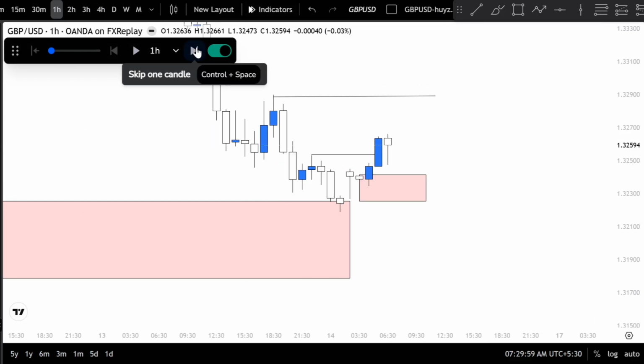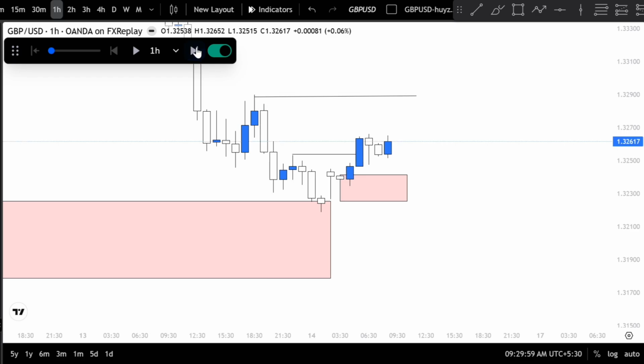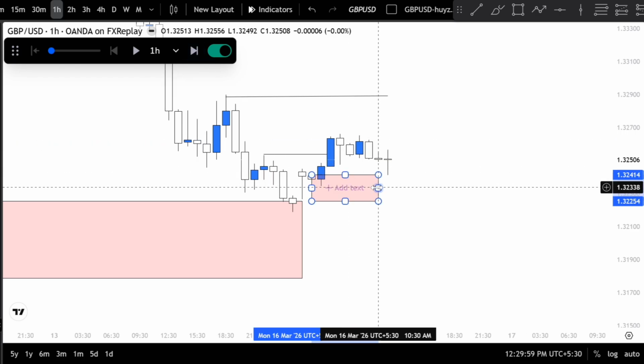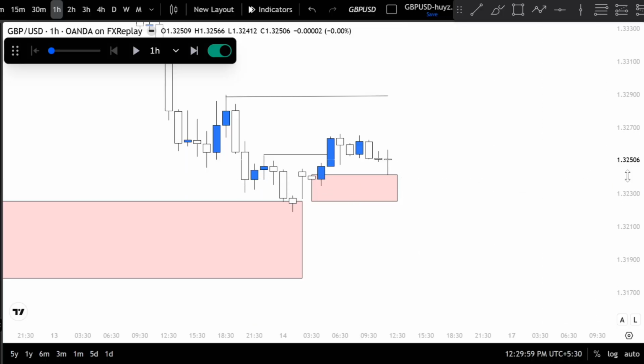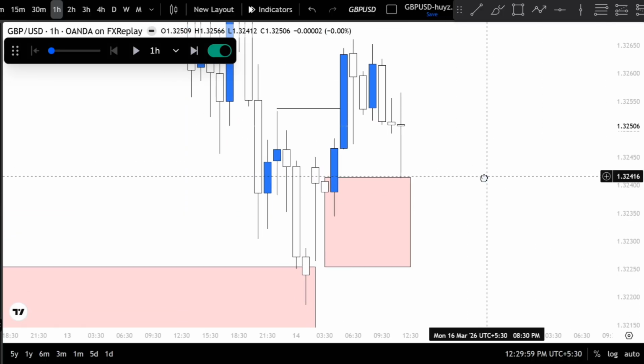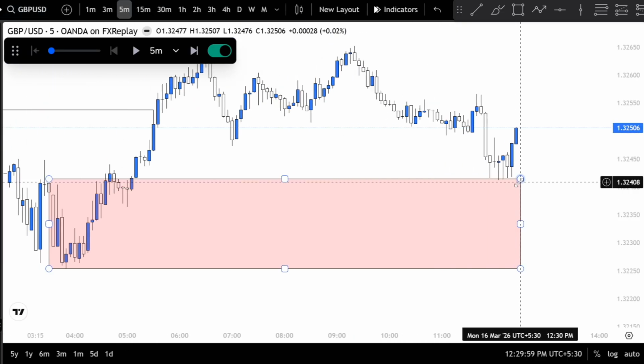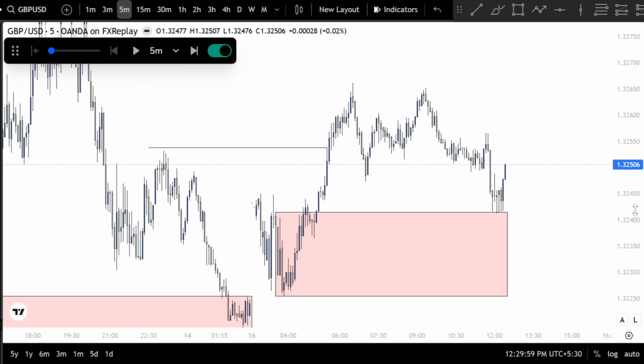Now if we wait, price did tap into this order block. Now again, we'll have to shift into the lower time frames for extra confirmation.